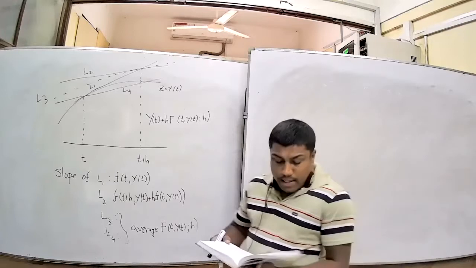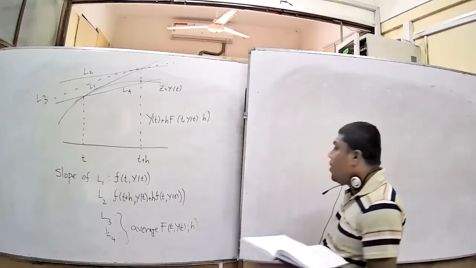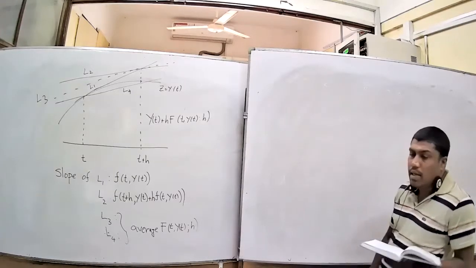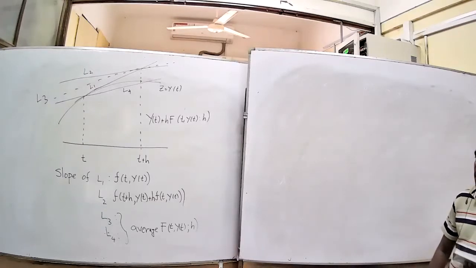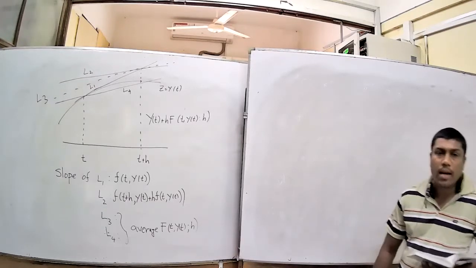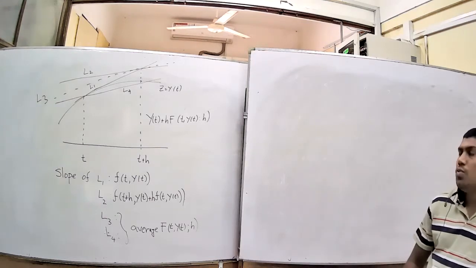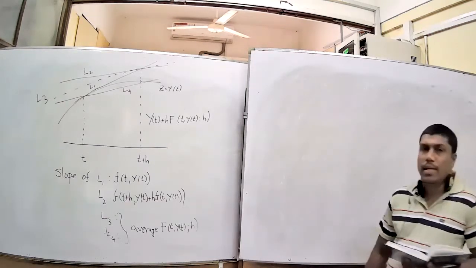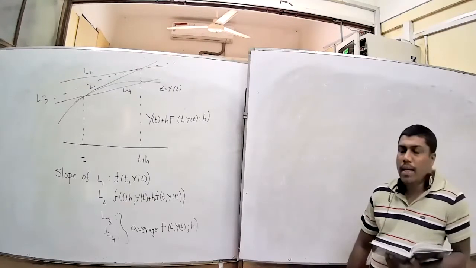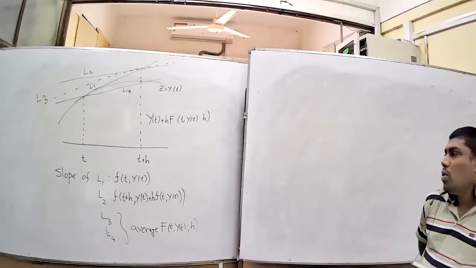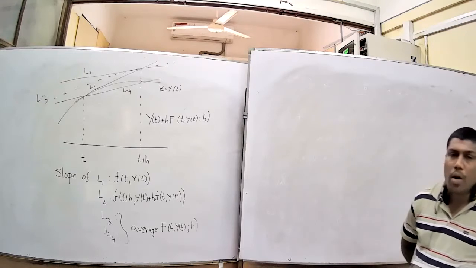As I told you earlier, there are certain famous choices for b1. Eventually your Runge-Kutta method depends on the value you choose for b1, because all the other components, alpha, beta, and b2, depend on b1.